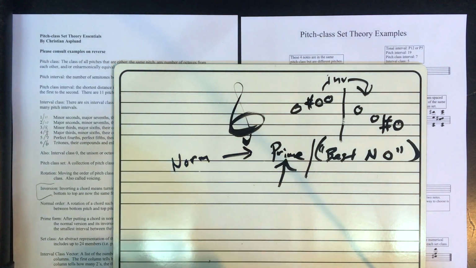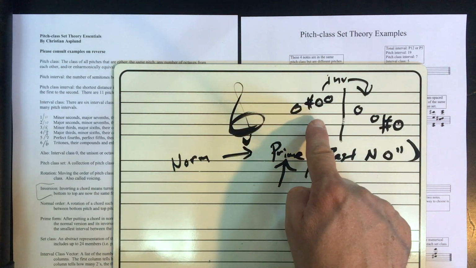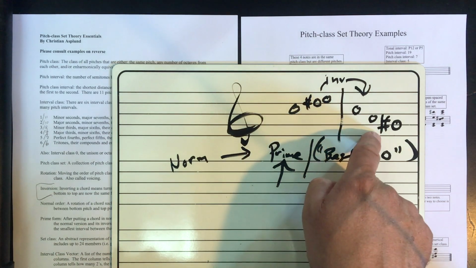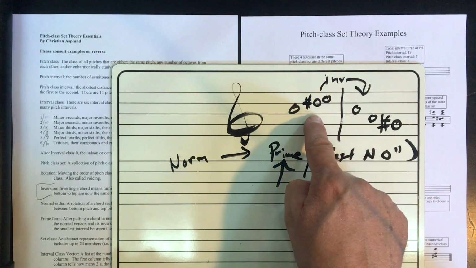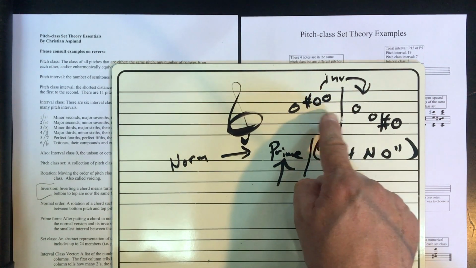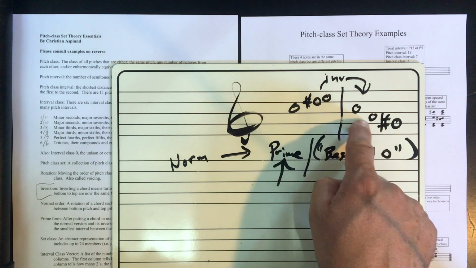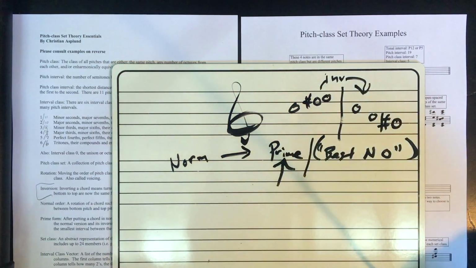Then we say, okay, we've done that. Let's look at the normal order and the inversion of the normal order, and let's see between those two which pitch class set is most compact toward the bottom, okay? Which has the notes closest to the bottom note.